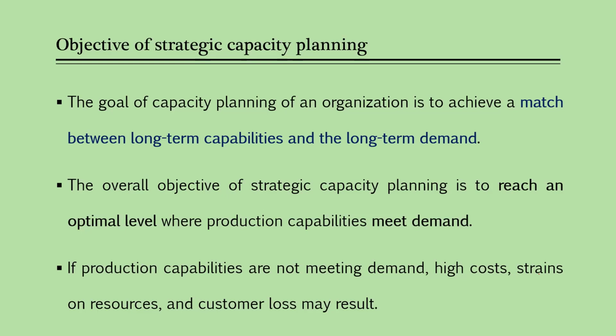They have to purchase or outsource it at a higher price. Then it involves high cost. So if there are constraints on resources, then what are they going to do? Then the customer loyalty or the customer faith may be lost. So these are the negative consequences if they fail to do the strategic capacity plan.